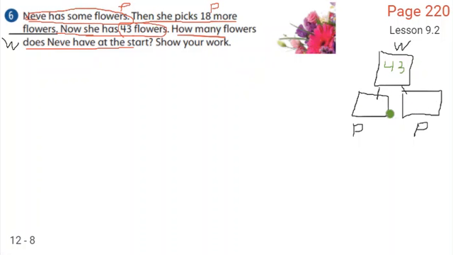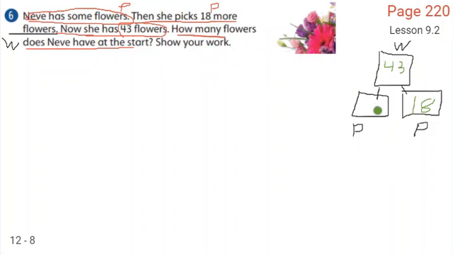So we don't know how many she started with, but we know that she has 18. Okay. You know what? I'm going to say she had some, and then she has 18. So let's just do that. Just keep our number bond connected with how it looks here in the problem.